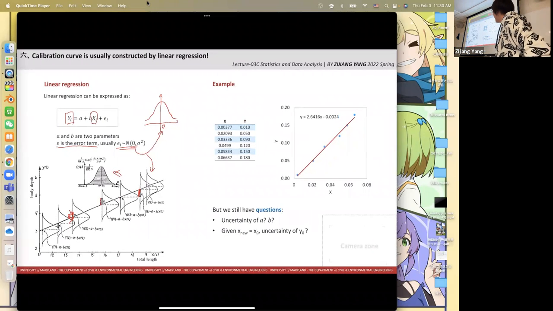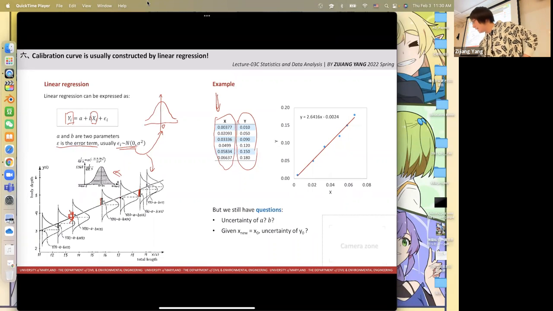So we can see an example. In practice, we will have an array of x values, and we also will have an array of the corresponding y values. We can do this in Excel. So this is x and this is y, and then we can construct the linear regression by using Excel.